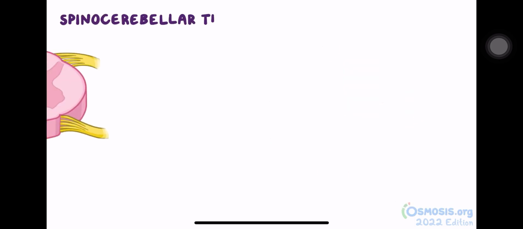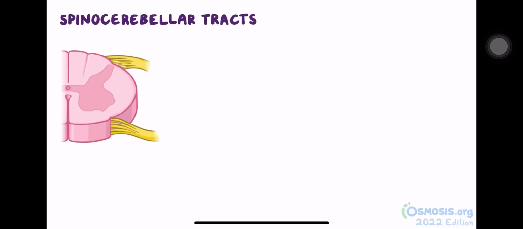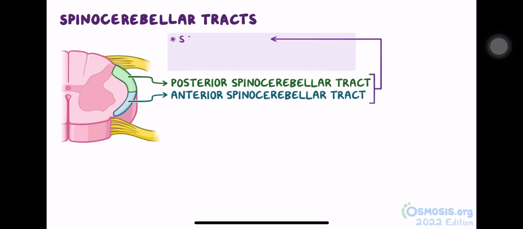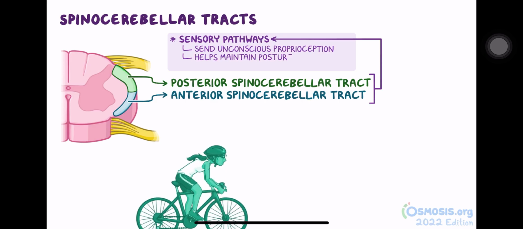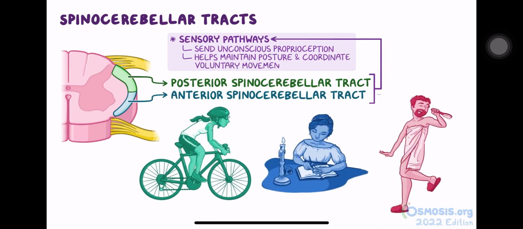The last of the ascending pathways are the spinocerebellar tracts. Of the three tracts that send proprioceptive information to the cerebellum, there are two that are prominent in the white matter of the spinal cord, the anterior and posterior spinocerebellar tracts. These are sensory pathways that send unconscious proprioception to the cerebellum, which in turn helps to maintain posture and coordinate voluntary movement.